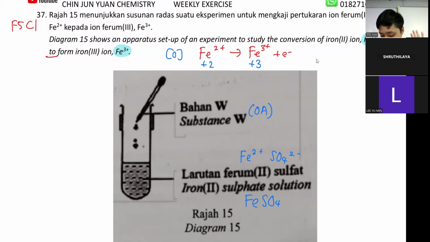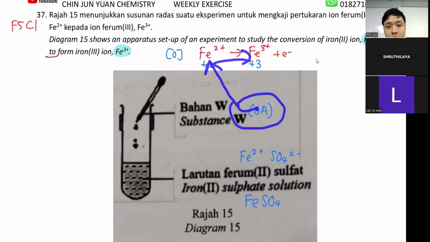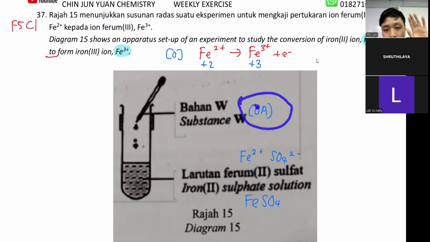In Chinese it means, if you want Fe2 plus to change to Fe3 plus, to make Fe2 plus undergo oxidation, you have to add an oxidizing agent, because its function is to oxidize Fe2 plus to Fe3 plus. It means what is the function of oxidizing agent? Remember, because you can oxidize to make sure Fe2 plus can oxidize, become Fe3 plus.